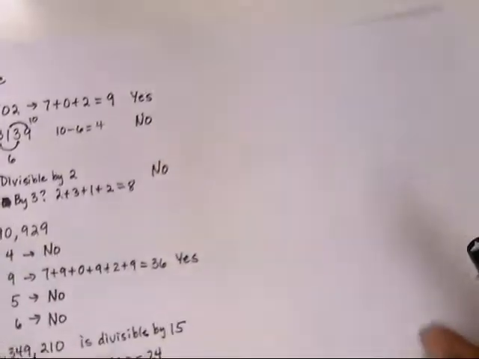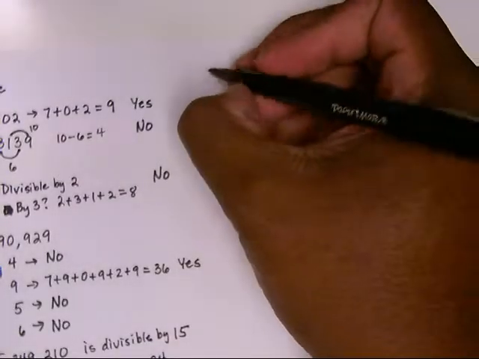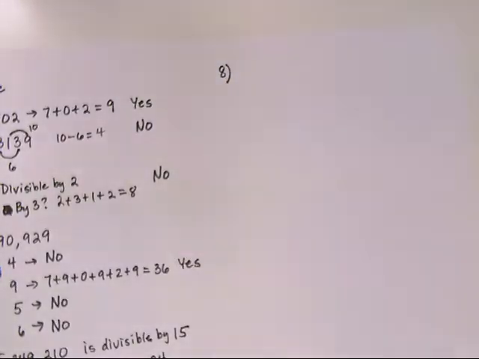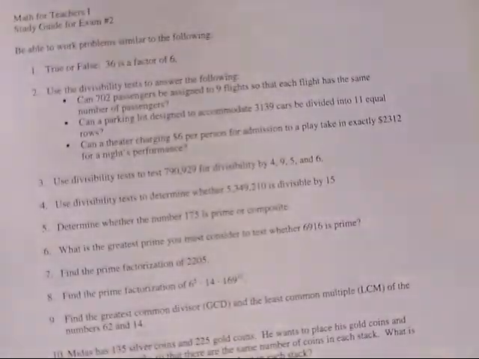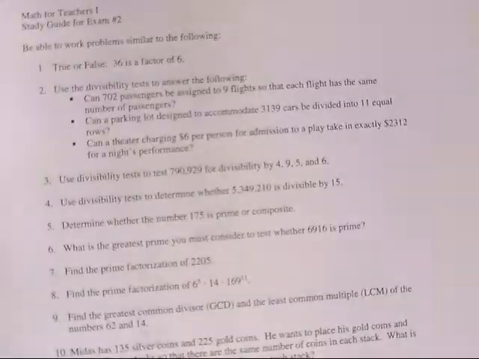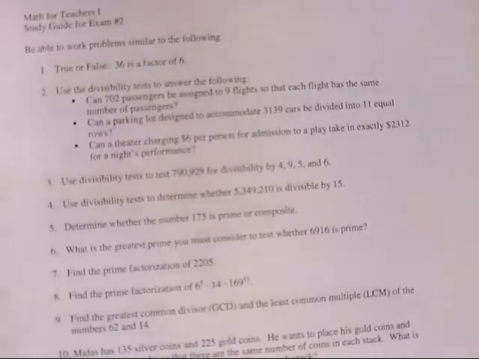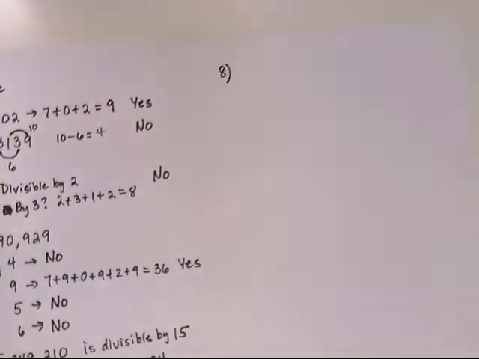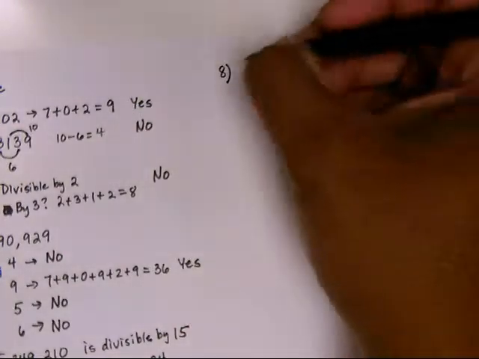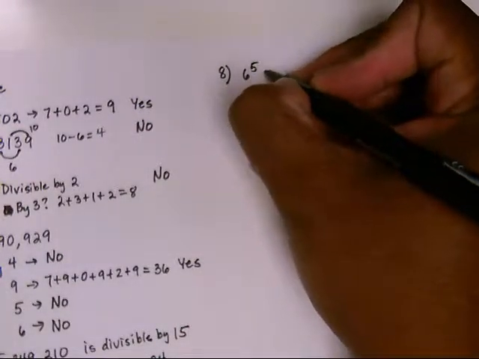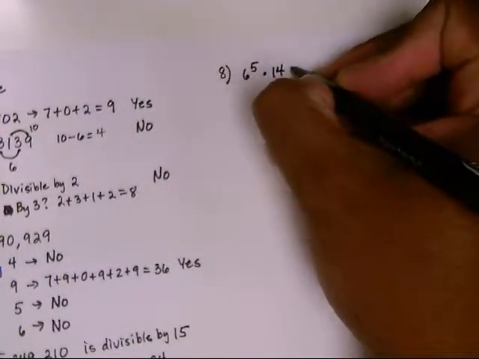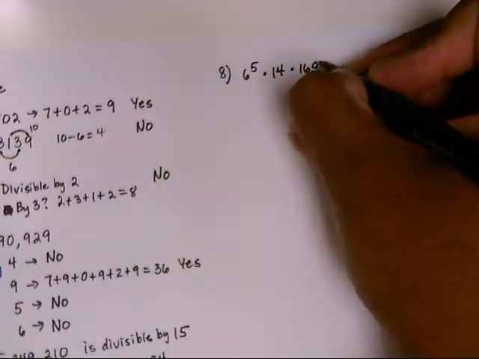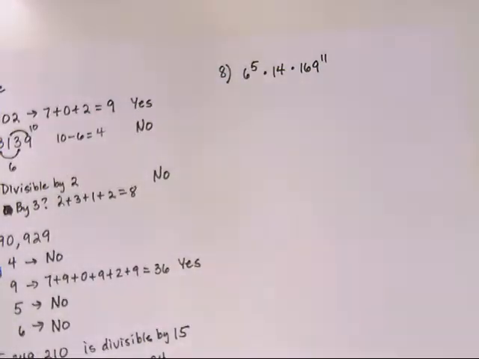Alright, problem number 8. In number 8 it says, find the prime factorization of 6 to the 5th times 14 times 169 to the 11th power.